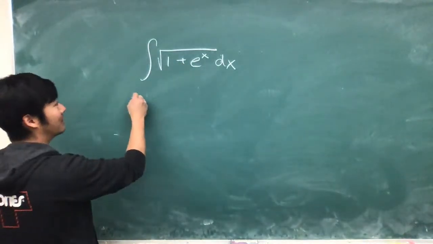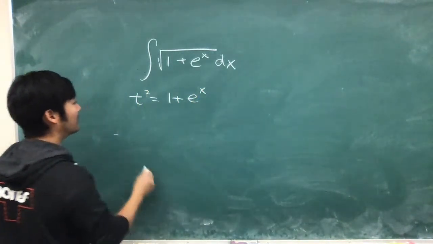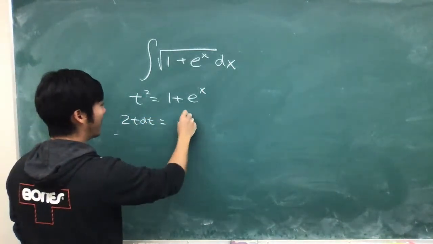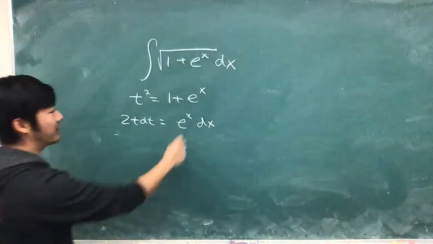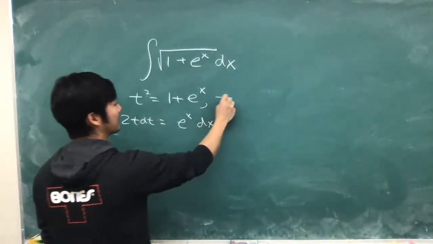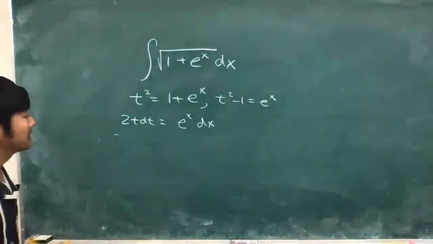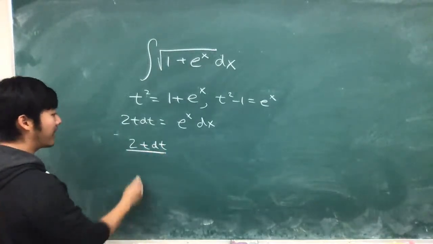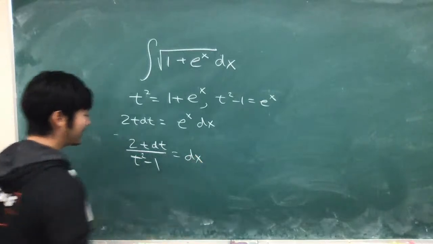So here it goes. t squared equals 1 plus e to the x. Then 2t dt is e to the x dx. So if you solve for t squared, you get t squared minus 1 equals e to the x. So 2t dt divided by e to the x, which is t squared minus 1, equals dx.